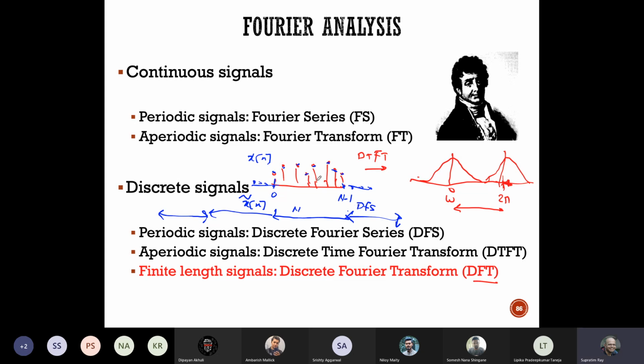Now the question is, what is the relationship between the DTFT of this signal and the DFS of this periodic signal? And the answer that I'm going to give you is actually the main thing here. Turns out these are just n samples between 0 and 2 pi of the DTFT.